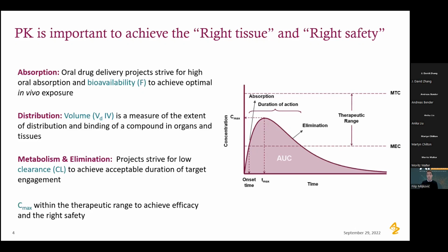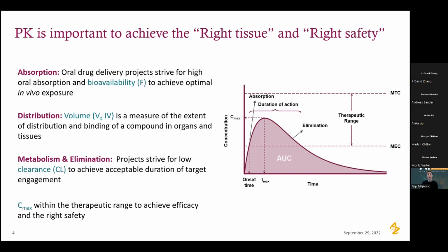And the PK component actually incorporates at least two of these parts of the framework, the right tissue and the right safety.